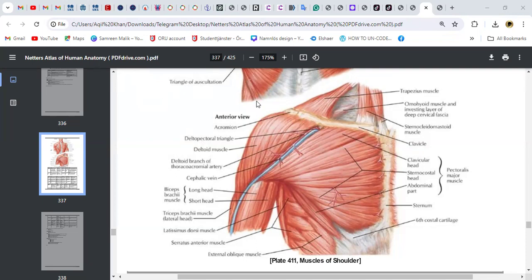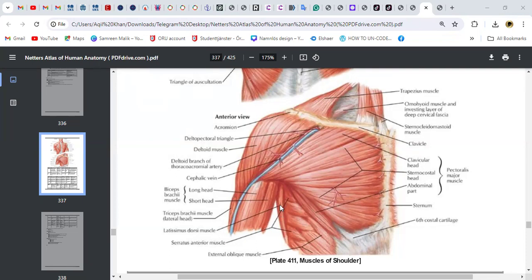Right, so moving here. First, I said superficial extrinsic muscles. One of them is the trapezius muscle. So this is one. Another is latissimus dorsi, which cannot be seen here, but it can be seen from the back.